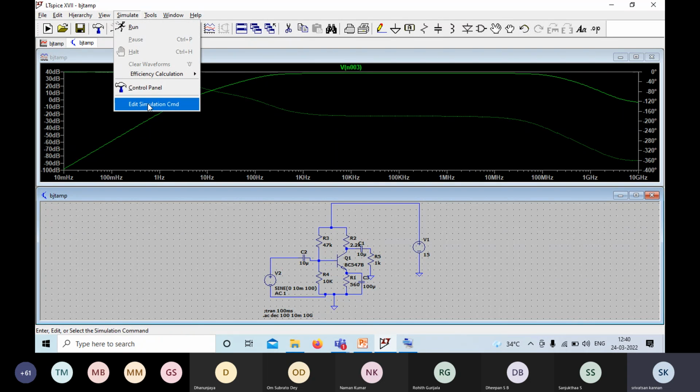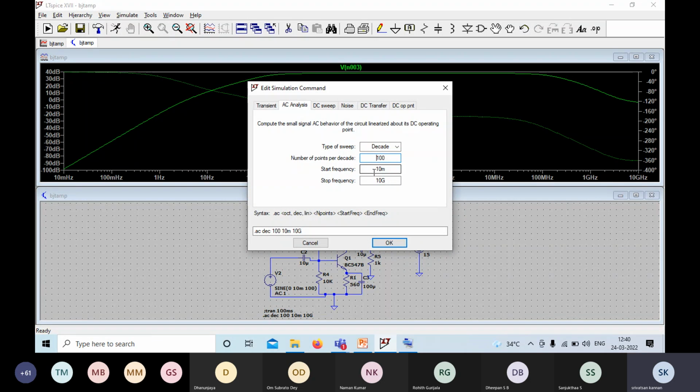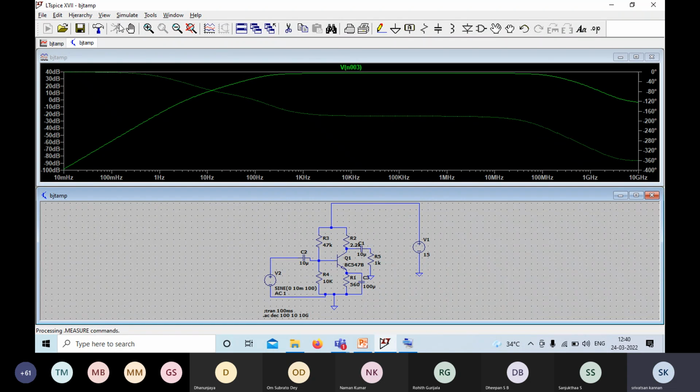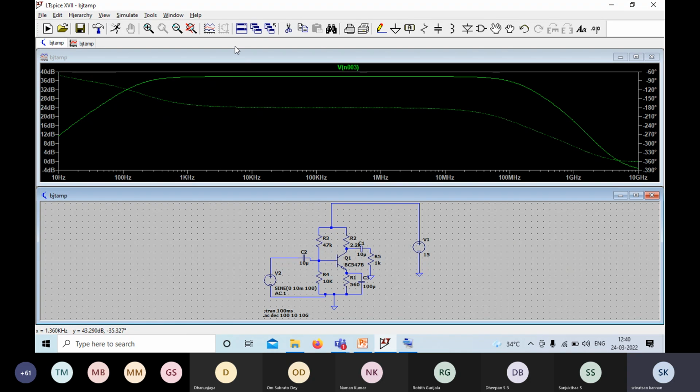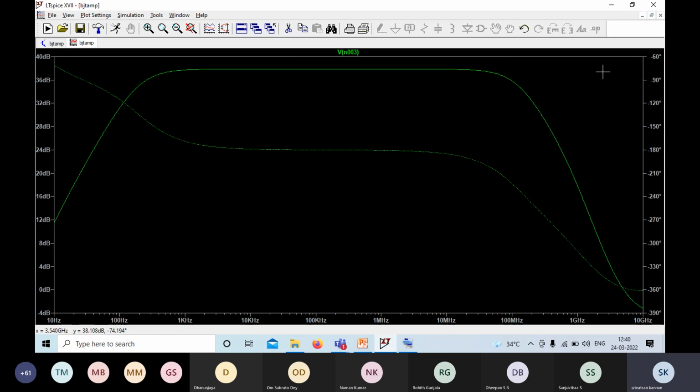Okay, simulation settings. Start frequency 10 hertz. Yes, now it's somewhat clear. Are you getting this waveform? So this is the frequency response. This is the phase response, so you can see the phase variations of the output. And this is the frequency magnitude response of the amplifier. Plotted this waveform, all of you?